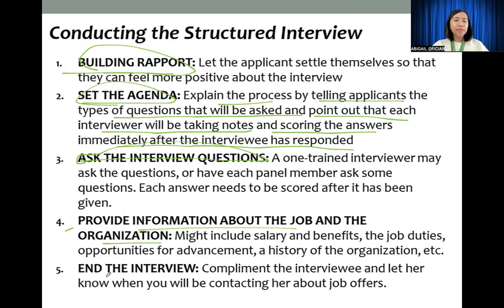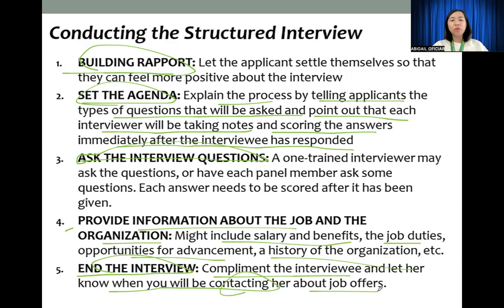Pwedeng ma-include dito yung salary, benefits, job duties, opportunity for advancement or promotion, history ng organization. You provide all those information. And then after giving those information, you end the interview by complimenting the interviewee and letting her know when you will be contacting her about the job offer.